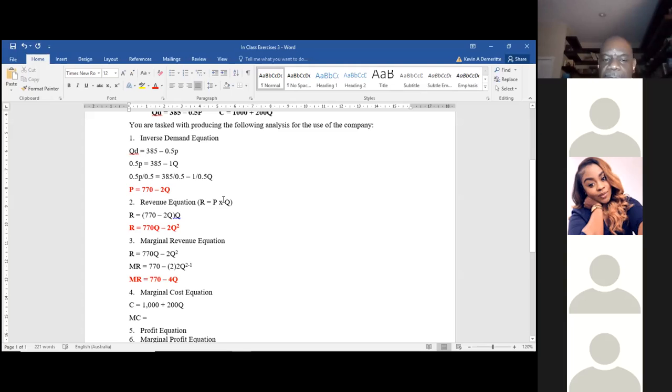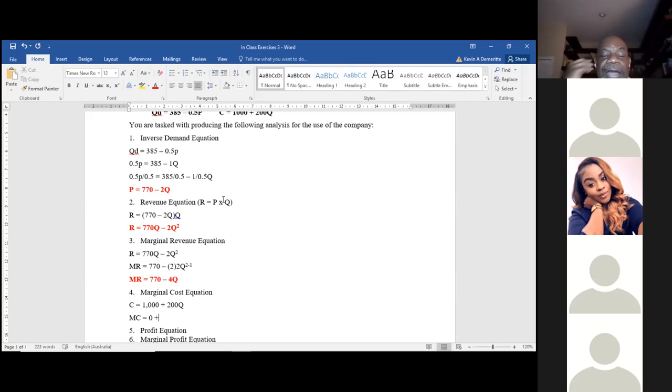So the marginal cost, or the slope of this function as it relates to the 1,000, is 0. There's no x's, no q's, no y's, no k's, no m's, no n's. It's a number all by itself.